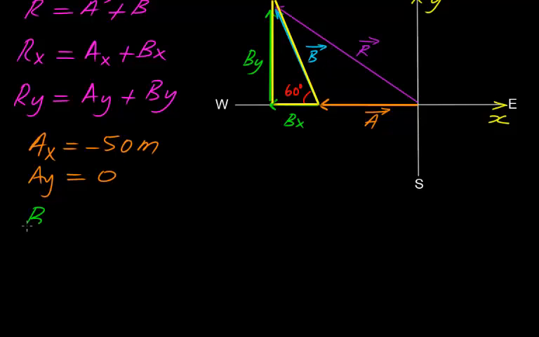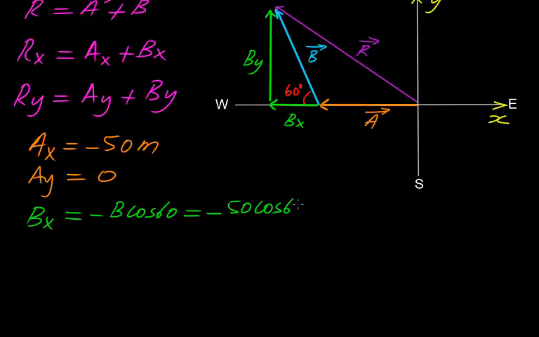The Bx clearly is pointing towards the negative x, therefore it's a negative component. Using the trigonometry of this right triangle, Bx is equal to the B vector times cosine of the angle of 60 degrees, which is going to equal negative 50 cosine 60.